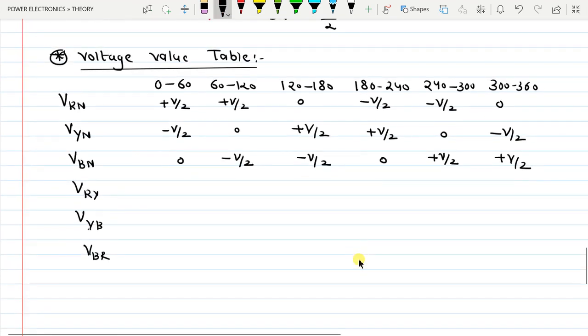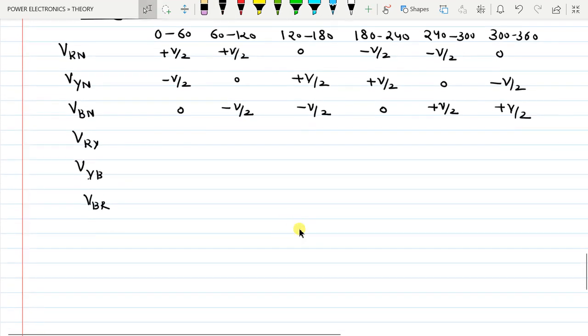Line voltages: VRY is VRN minus VYN. So we can see here we get plus V by 2, plus V, plus V by 2, minus V by 2, minus V, minus V by 2.